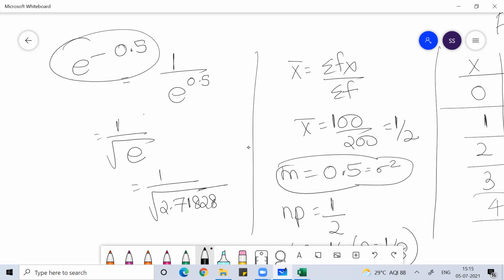So again, I'm trying to teach you how you can solve the given problem without using e also.